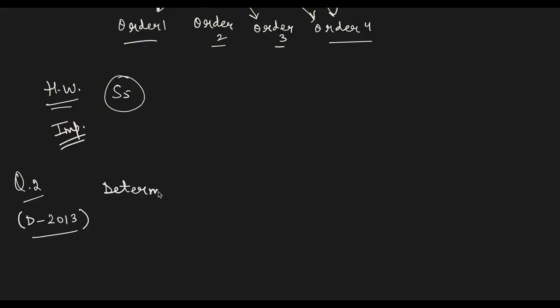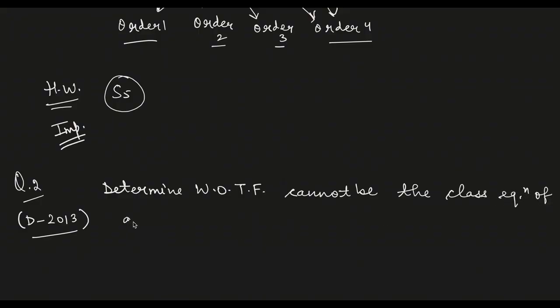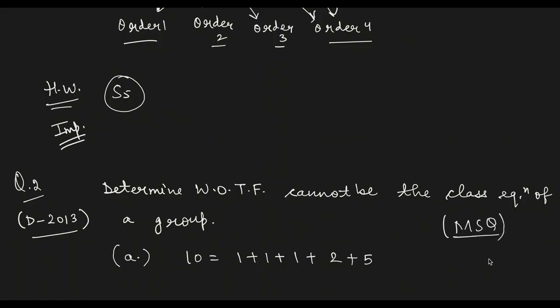Next question: determine which of the following cannot be the class equation of a group. This is an MSQ, more than one option can be correct.